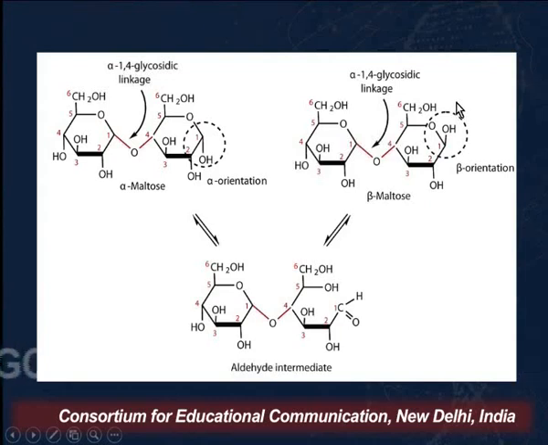Similar will be the case in all other disaccharides we will be discussing. That is, the orientation of OH at the hemiacetal carbon will decide whether the molecule is alpha or beta, and the direction of the bond here, from the anomeric carbon to oxygen, will decide whether the molecule is alpha or it is beta.